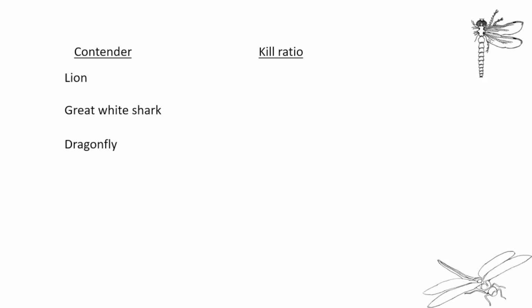And I've put them up against two other contenders that we like, the lion and the great white shark. If you look at the lion to start with, you've got an incredible kill rate of about 40%. Basically, we're talking with lions and big cats like that. They're as much scavengers as they are hunters.